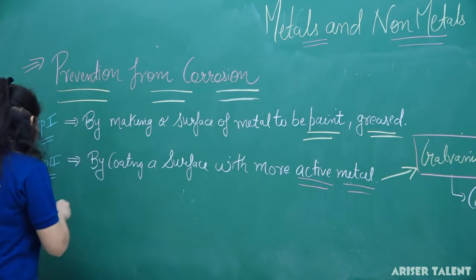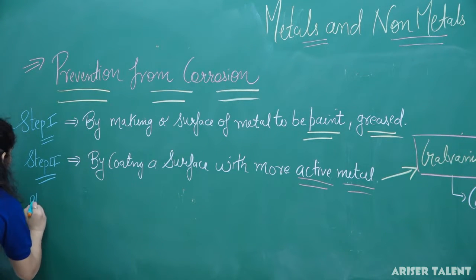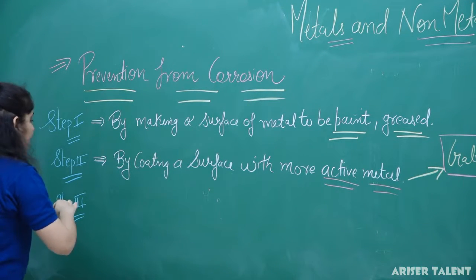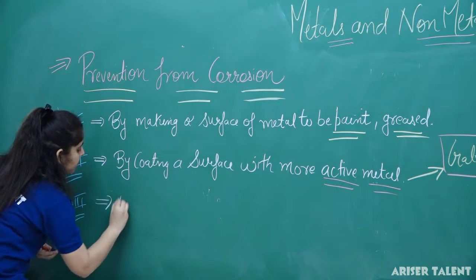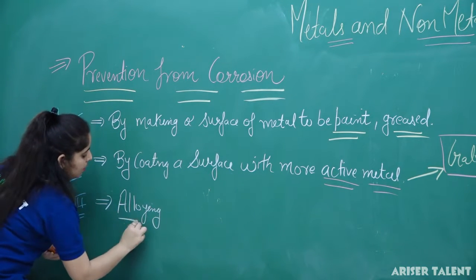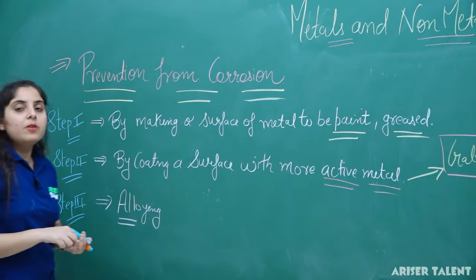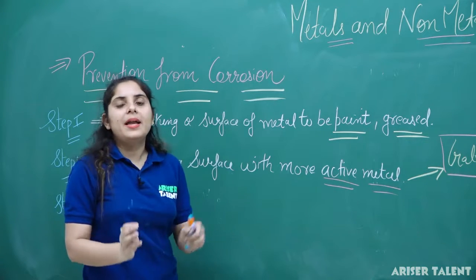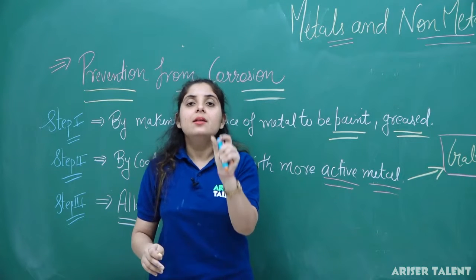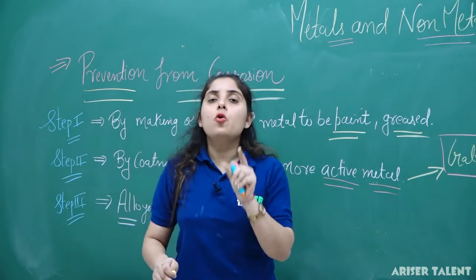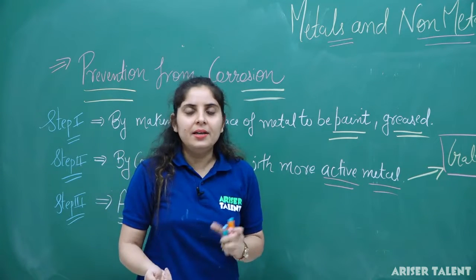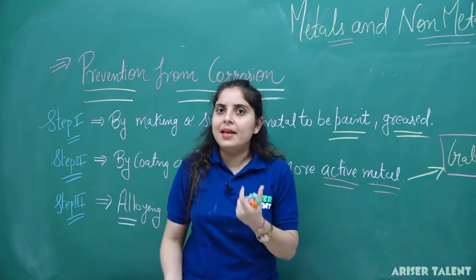So the third method will be alloying. In the method of alloying, we are combining iron with chromium and nickel and forming stainless steel. This stainless steel is corrosion resistant. Steel utensils that we usually use in our kitchen do not get rust because it is basically an alloy.